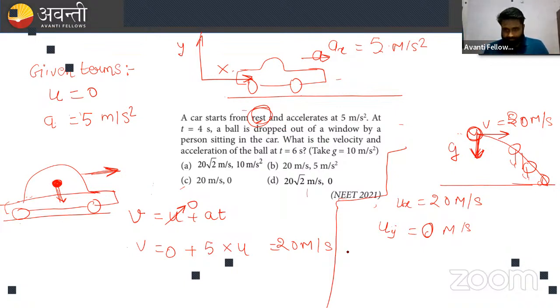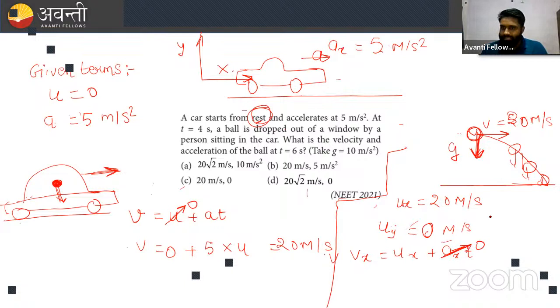Okay, now velocity in x is vx equals ux plus ax into t. Why are we applying this equation? Because we have to calculate the velocity of the ball at t is equals to 6 seconds. Got it? But here the acceleration in x direction is not there.